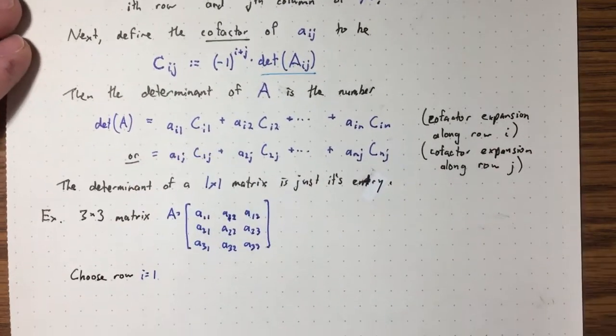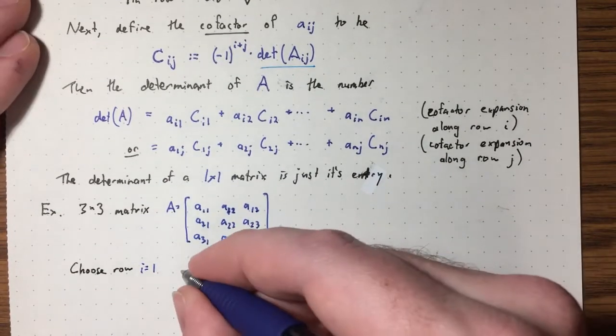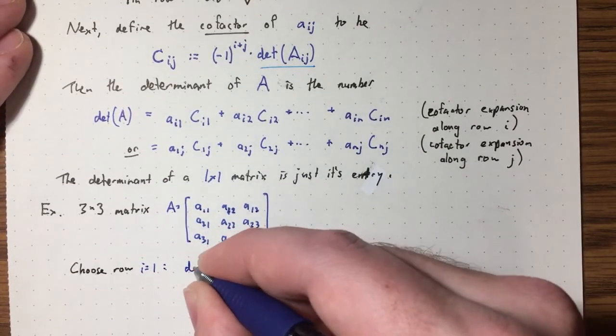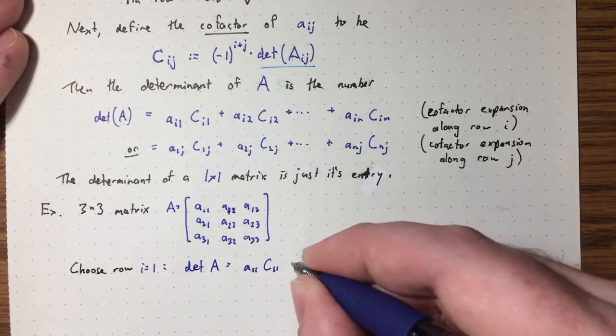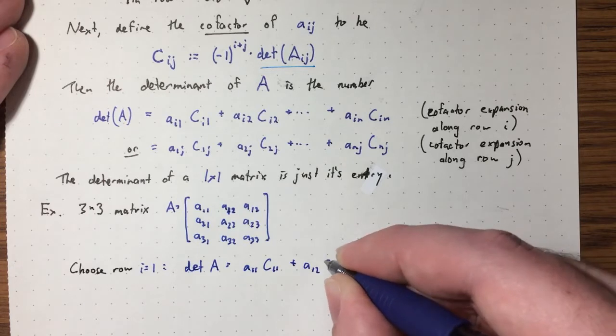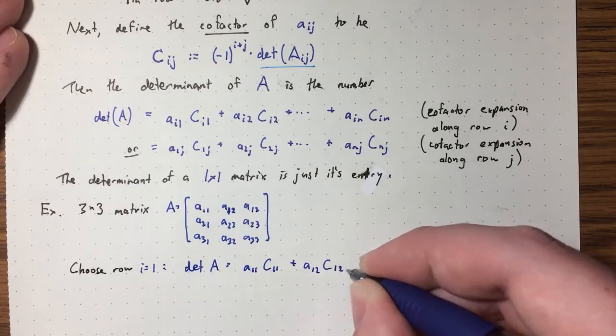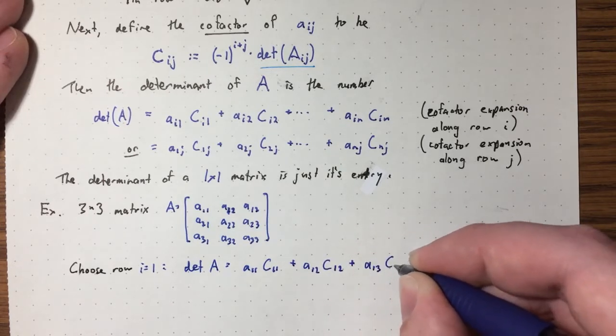So I'm going to use this first formula. Okay. So the determinant of A is A11 times C11 plus A12 times C12 plus A13 times C13.